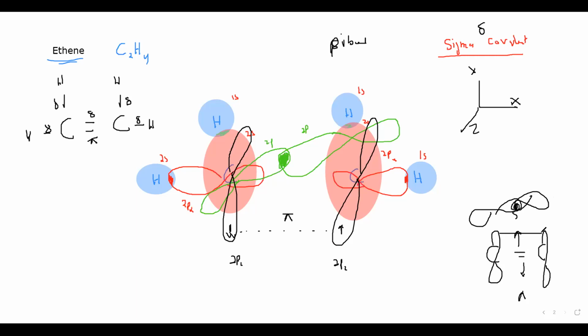We call that a pi bond. Is it clear? Any doubt? The formation of the bonds. Or should I repeat this?